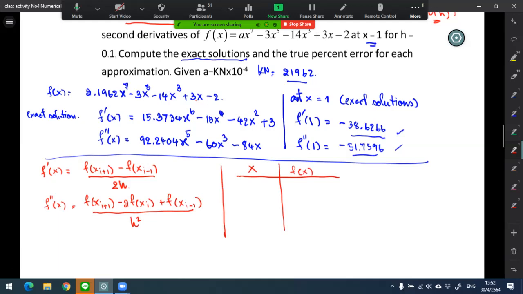Okay, this is for xi minus 1, right? This is for xi, this is for xi plus 1.